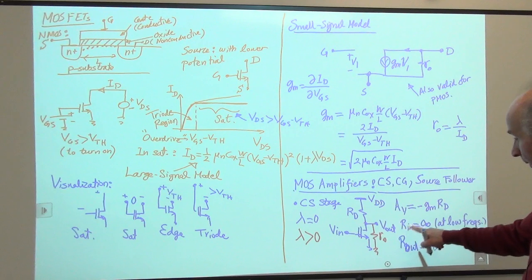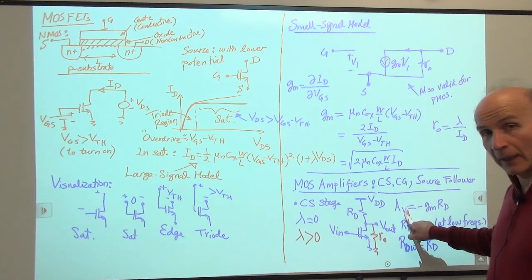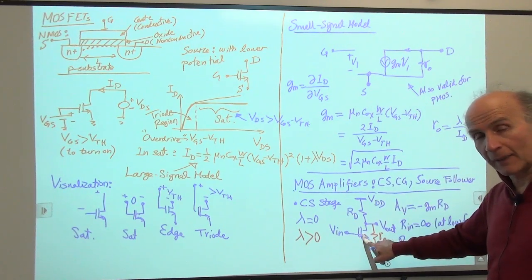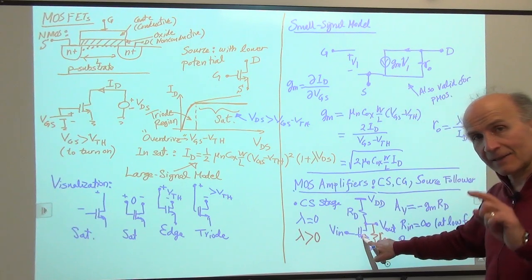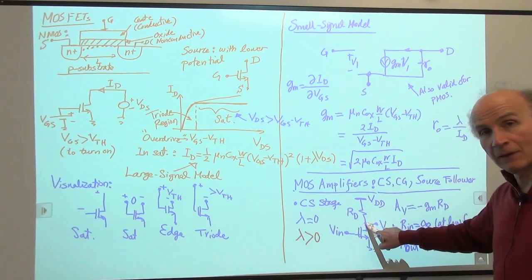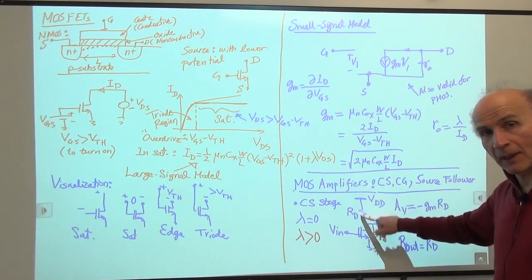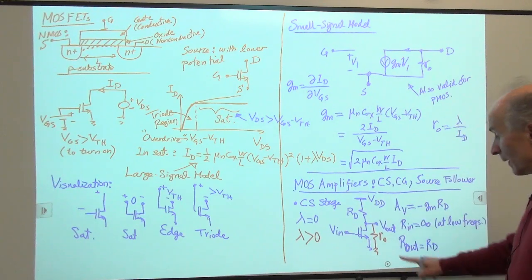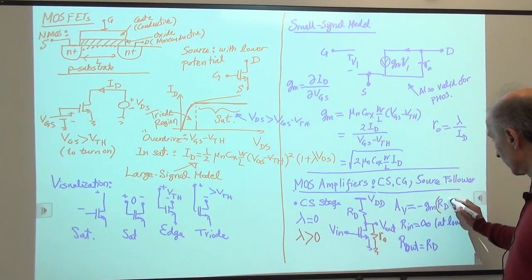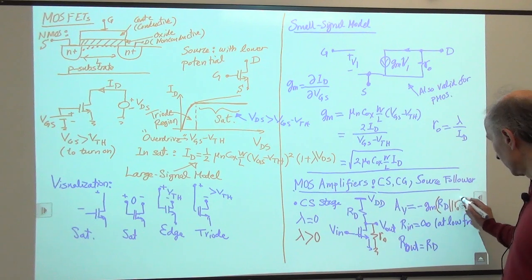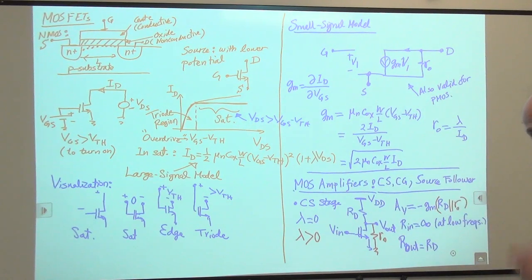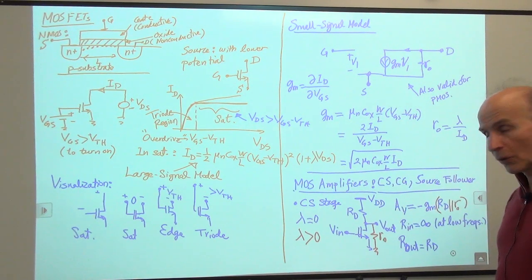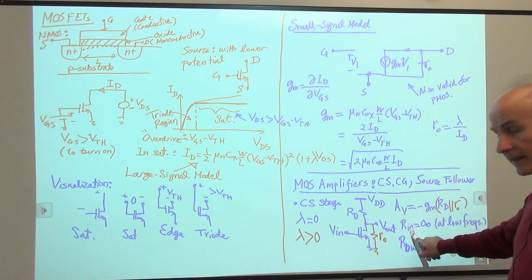So then what happens? The voltage gain is given by minus gm times the total resistance seen between the drain and AC ground. RD goes to AC ground, RO goes to AC ground. They are in parallel. The input resistance doesn't change.